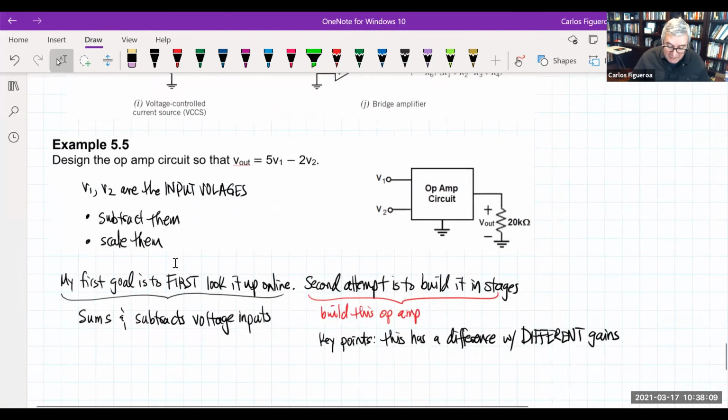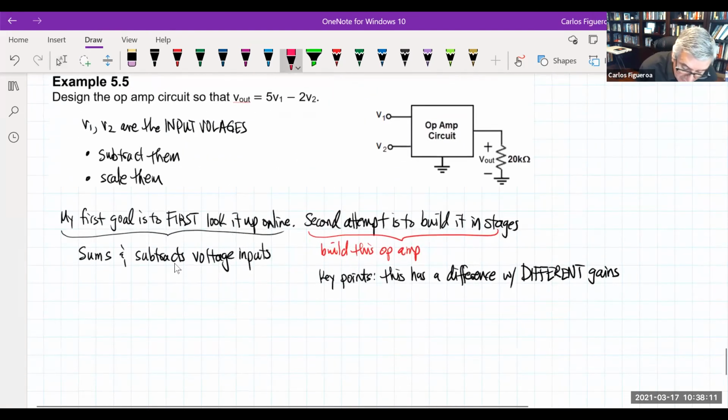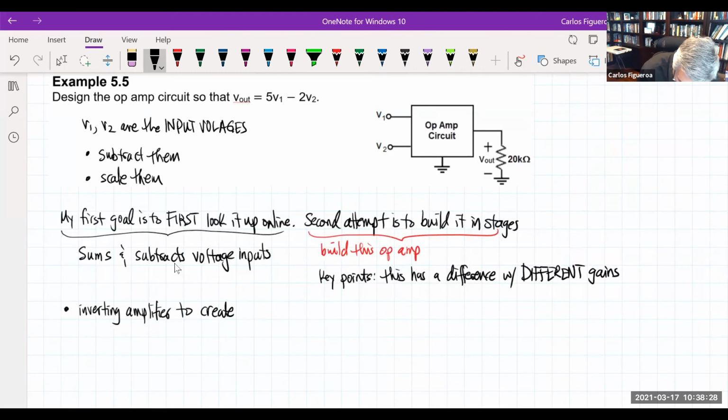So what I'm seeing here is two stages. The first thing I want to do is use an inverting amplifier to create a minus V1.